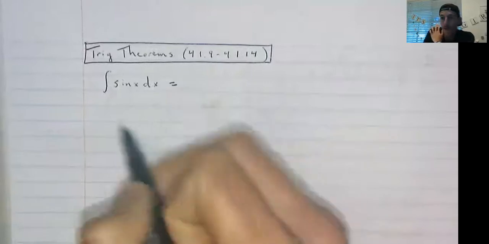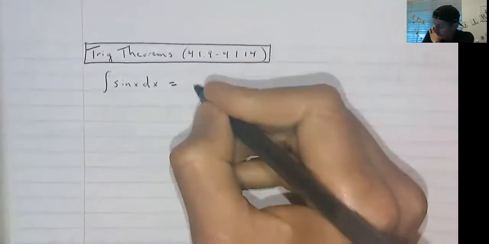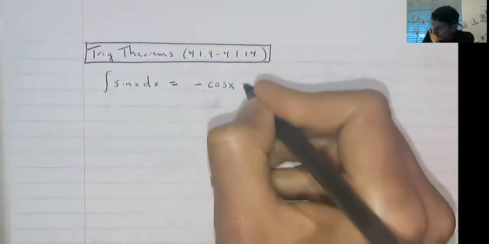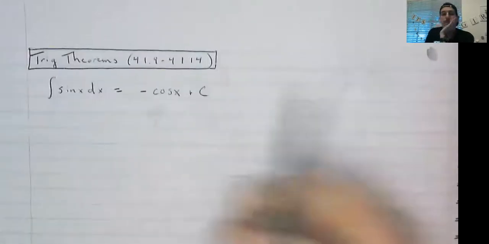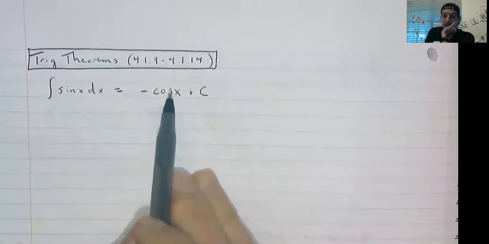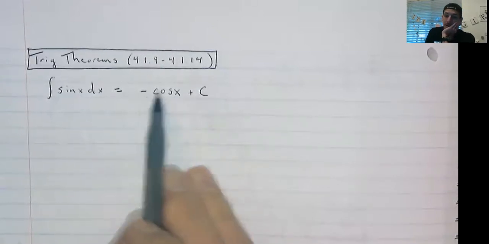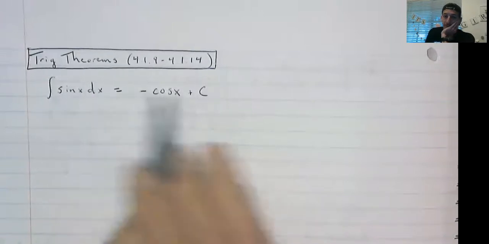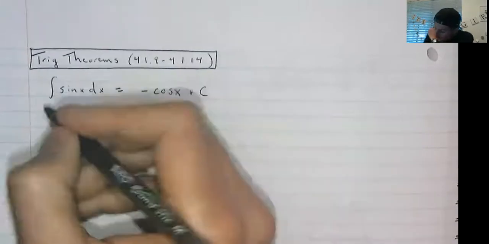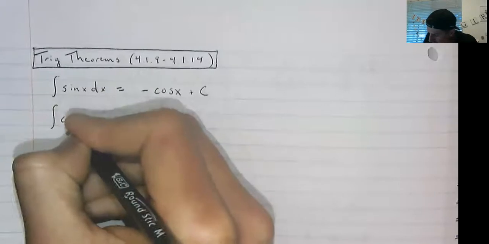And so going the other way, the thing that will give us sine as its derivative is negative cosine of x plus c. Quick check in our lines: if we differentiate negative cosine of x, the derivative of the cosine is the opposite of sine, and the opposite of the opposite gives us just sine. Derivative of c is 0. It checks out.